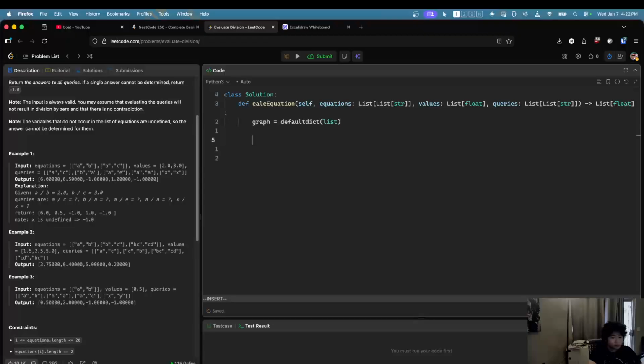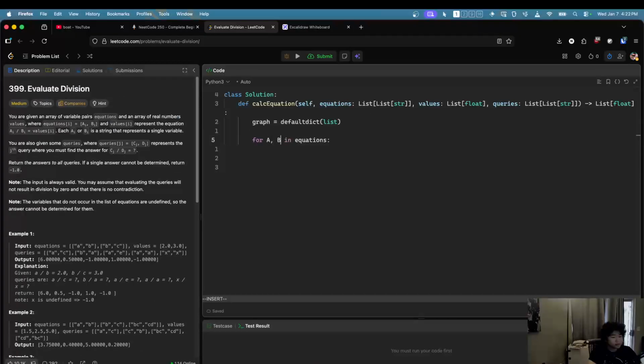dict a list, and for every equation in equations, I actually prefer, we'll do like call it a b, graph of a b equals a divided by b, or actually graph of values of I. Actually, probably prefer to zip this.